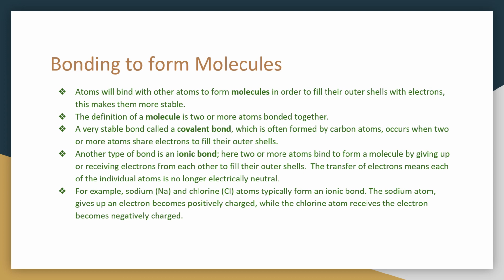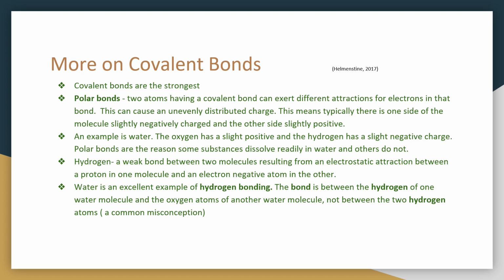The sodium atom gives up an electron and becomes positively charged, while the chlorine atom receives the electron and becomes negatively charged. Sodium is positive and chloride is negative. Again, your covalent bonds are the strongest.